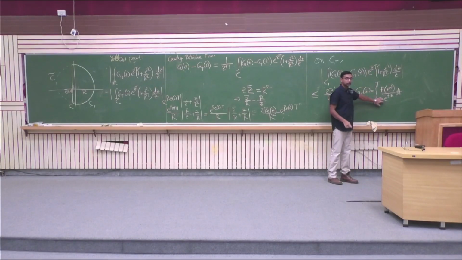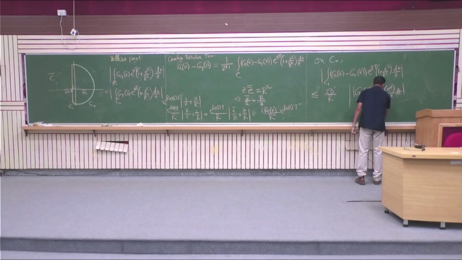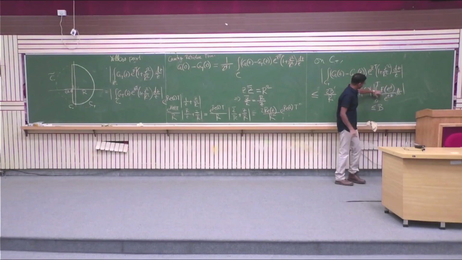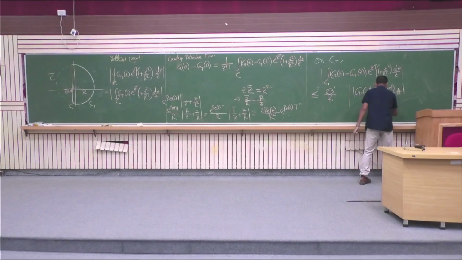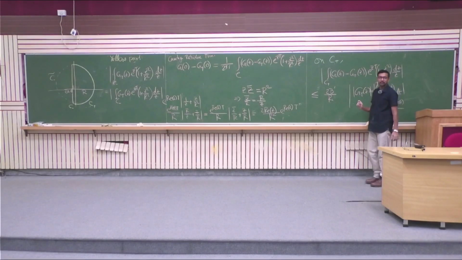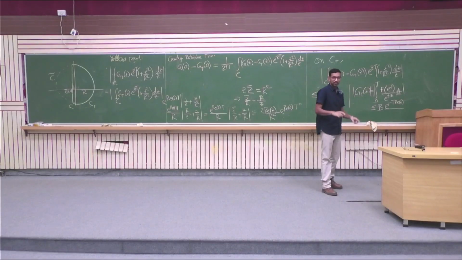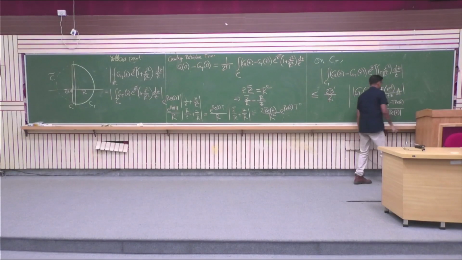And this remains bounded. So if you take this, then this is less than or equal to b times, again you are just left with doing the integration from 0 to t of e power dt e power tz, 1 by e power tz, and that gives again the factor e to the power minus t real part of z, and below that is the absolute value of real part of z, right?